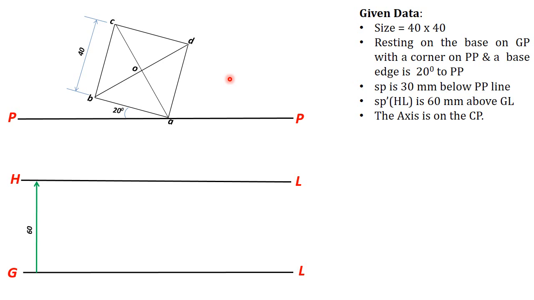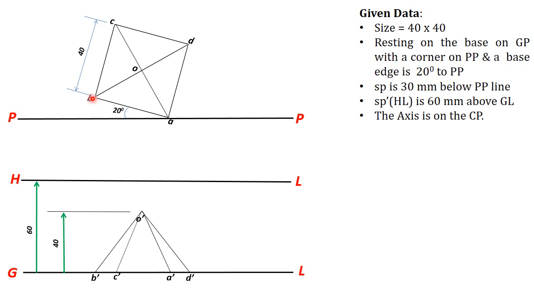Now draw the corresponding front view. In this problem we can see that the point C is invisible in the front view direction. This is actually the front view direction. We are here, so this is the front view direction.